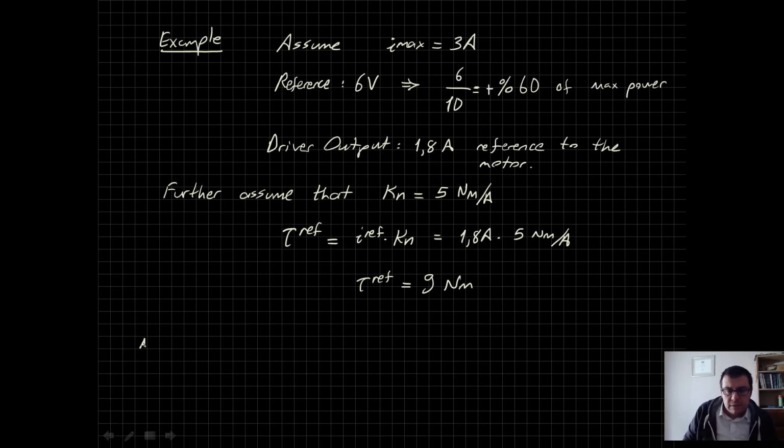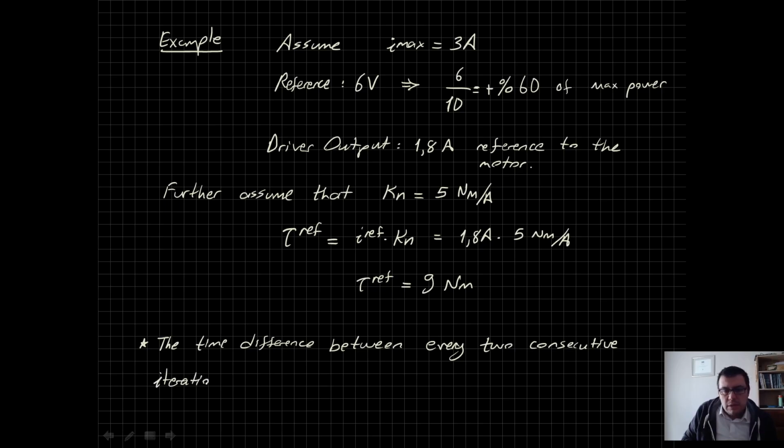Let me write here: the time difference between every two consecutive iterations of the real-time loop is called the sampling period.